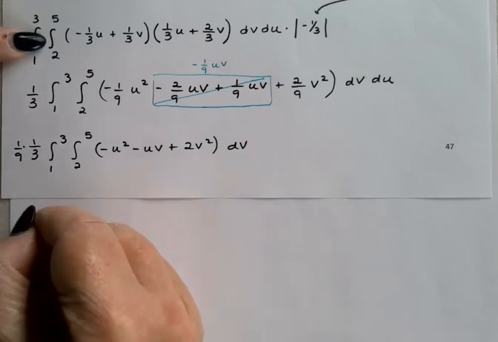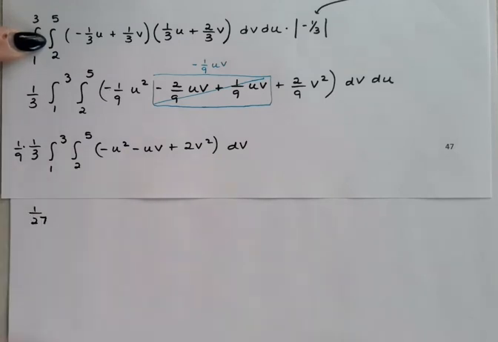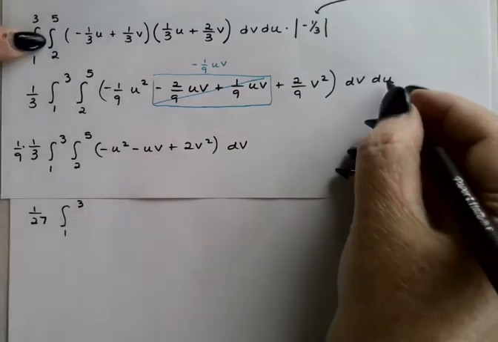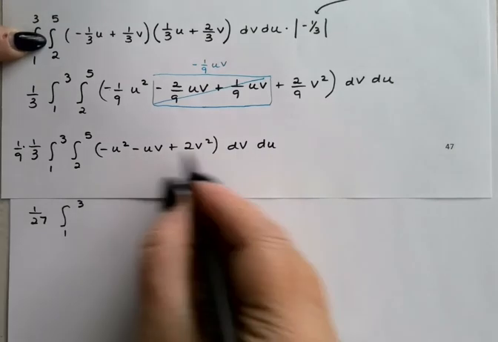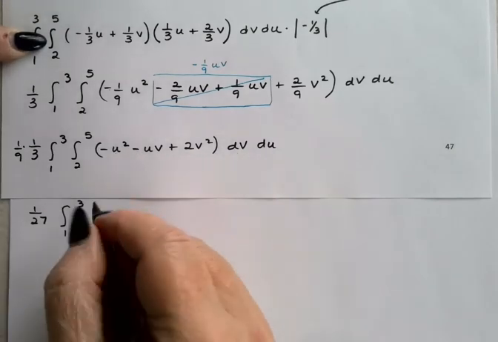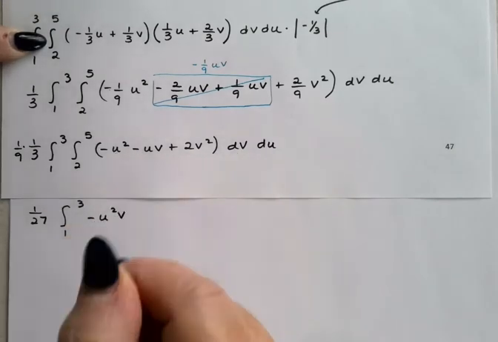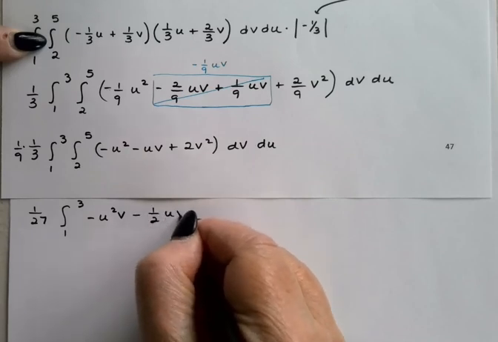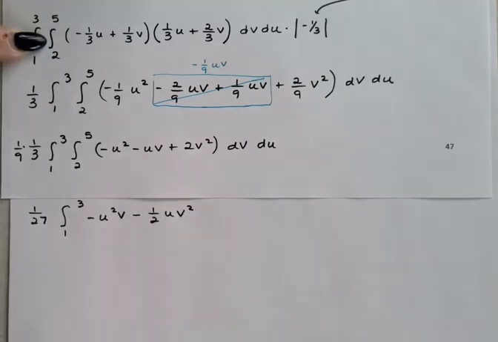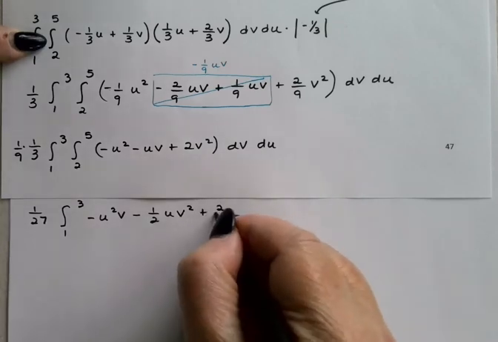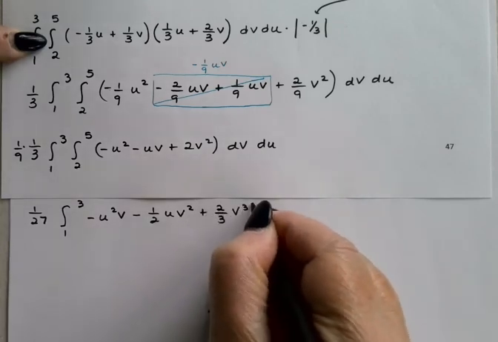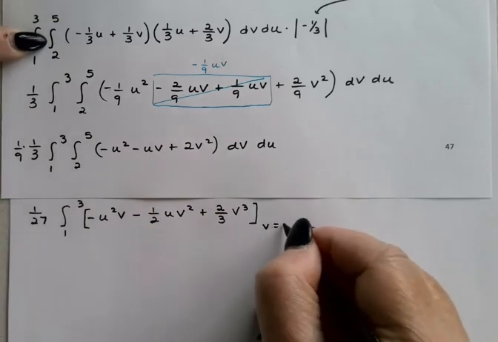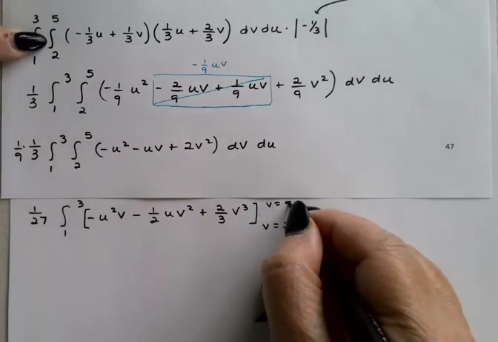So I've got 1/27. And then integrating, oops, I lost my du here. Integrating dv first, I'll have a negative u squared v, minus 1/2 u v squared, plus 2/3 v cubed, and we go from v equals 2 to v equals 5.